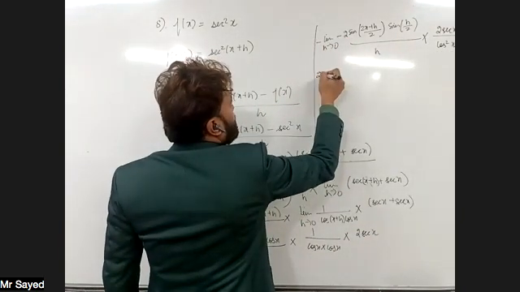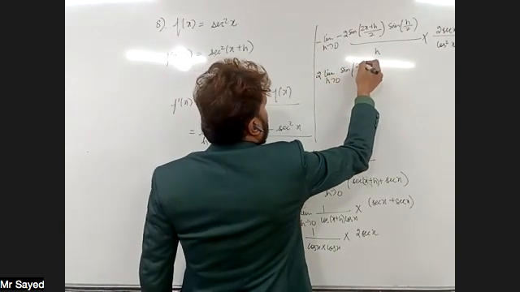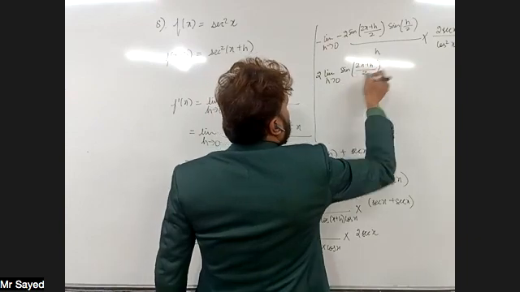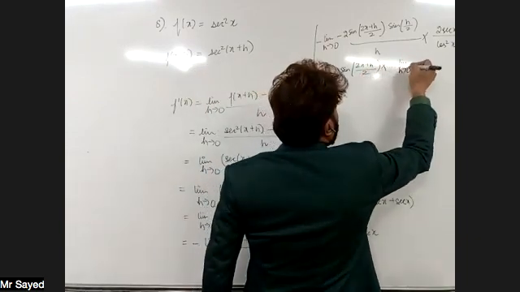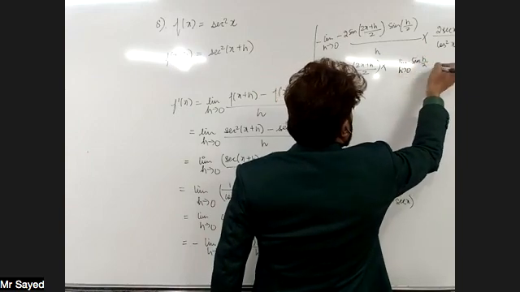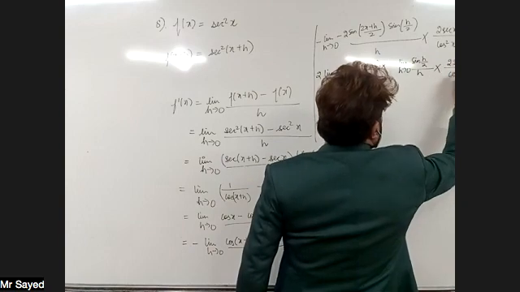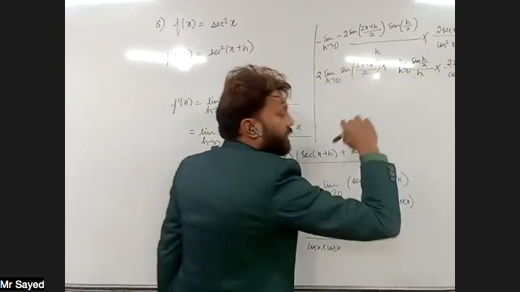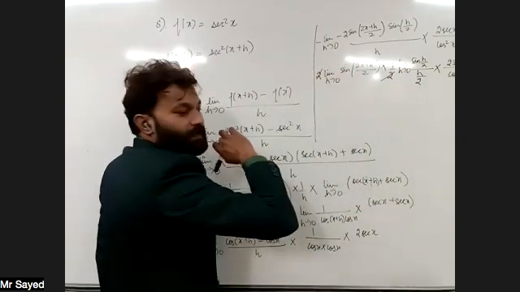Minus minus will be plus. Limit h tending to 0 sin 2x plus h upon 2 into limit h tending to 0 sin h upon 2 upon h into 2 sec x upon cos square x upon 2 upon 2. This 2 and this 2 cancel.